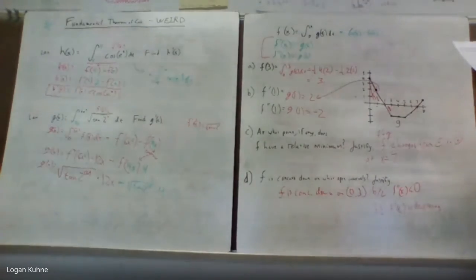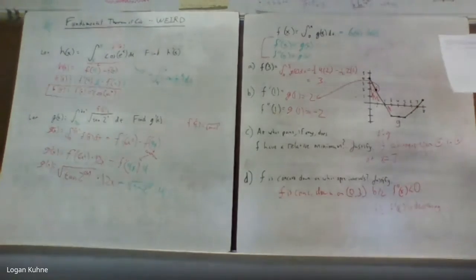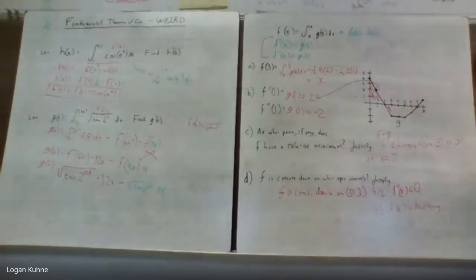Concave up is when f double prime of x is greater than 0, or f prime is increasing. Concave down when f double prime of x is less than 0, or when f prime is decreasing.